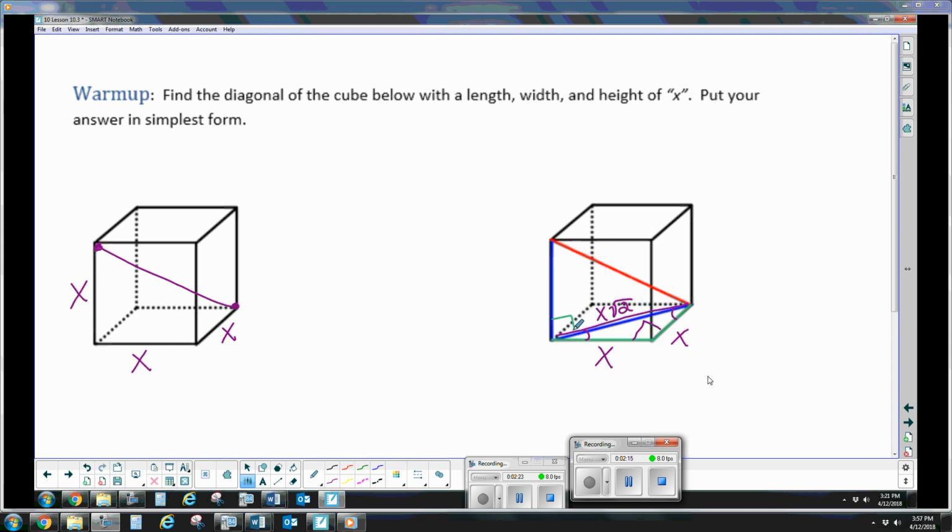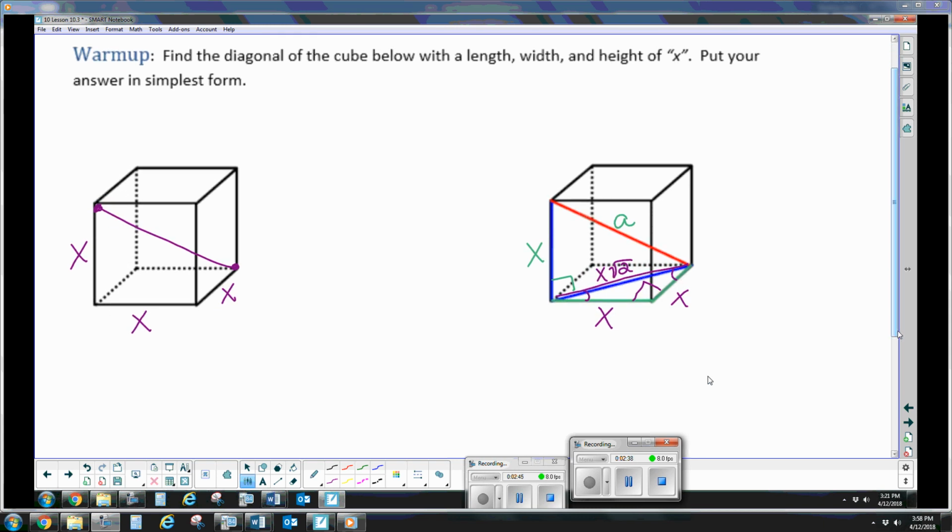So we don't know the angle measures of the second triangle, but we know that the height is x because it's a cube, and we just found the other leg. So now we're going to look for the hypotenuse of this new triangle, where one leg is x, the second leg is x times the square root of 2, and the hypotenuse is a.